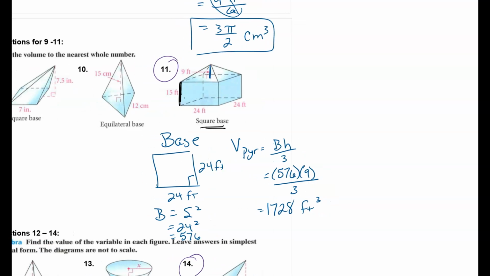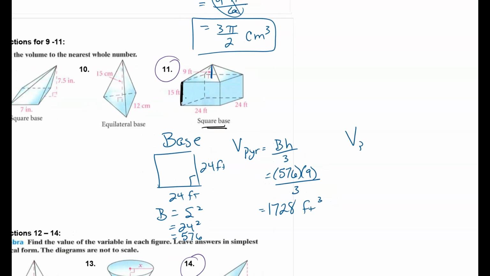But now we have to find the volume of the prism. Well, we know that's also area of the base times the height. Well, the area of the base was 576. The height, my friends, is 15. It's the length of its lateral edge. So we just go 576 times 15, which is going to be 8,640.